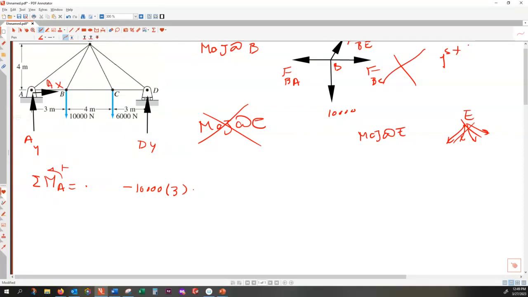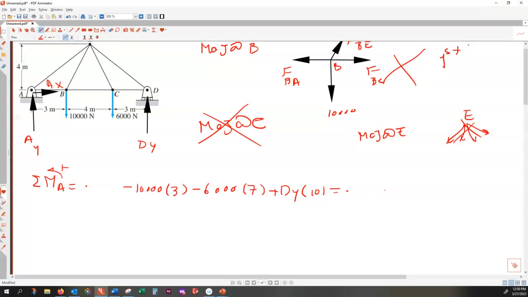And 6,000 also makes a negative rotation. But this time, the arm of rotation is 3 plus 4, which is 7. And then DY makes a positive rotation, plus DY. And the arm of rotation here is 3 plus 4 plus 3, which is 10.